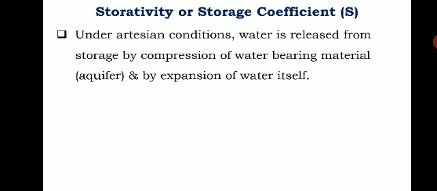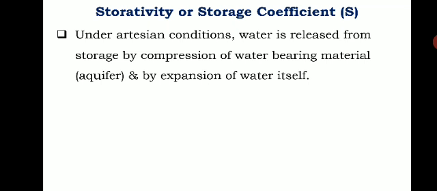Under artesian conditions, we have discussed in the previous class what is meant by an artesian aquifer. Whenever there is a confined aquifer enclosed between two impermeable layers, and if we drill a well in such an aquifer wherein the pressure is more, the water will come up automatically up to the piezometric surface.